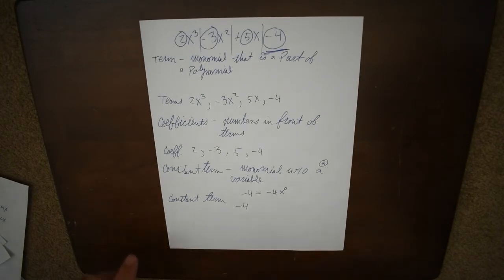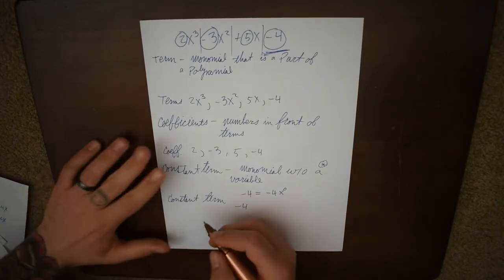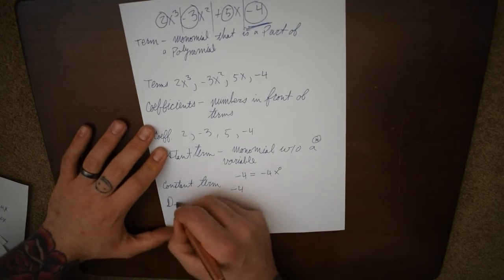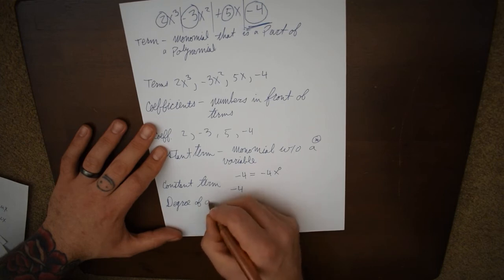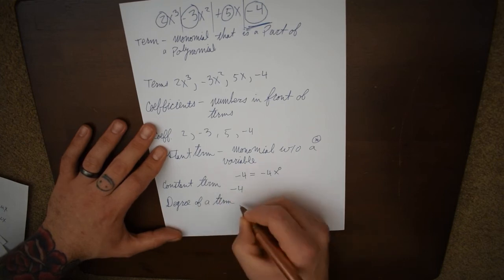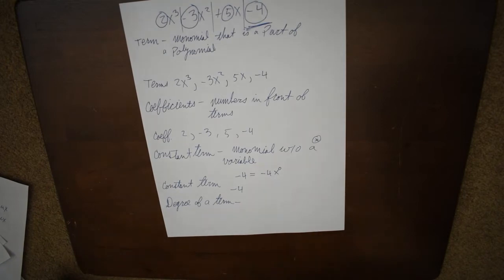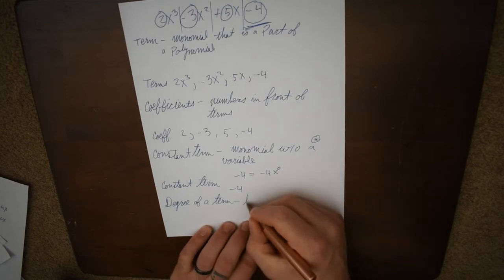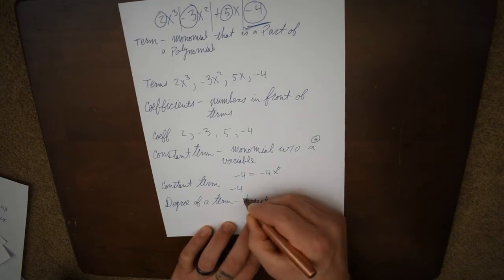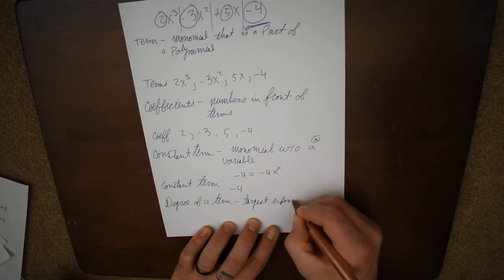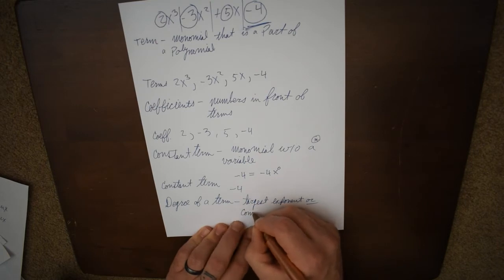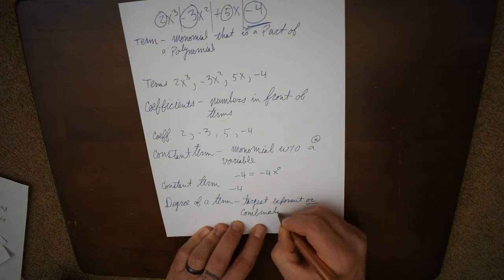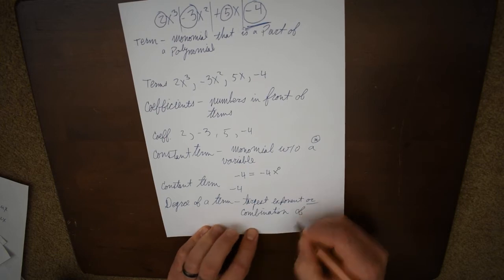The next vocab word is really a vocab phrase, and that's the degree. Degree of a term. So the degree of a term, you can think of it as the largest exponent or combination of exponents.